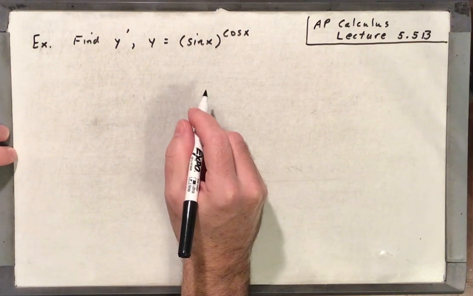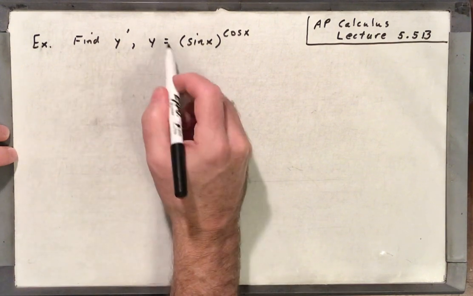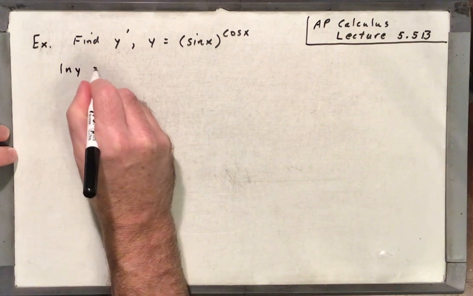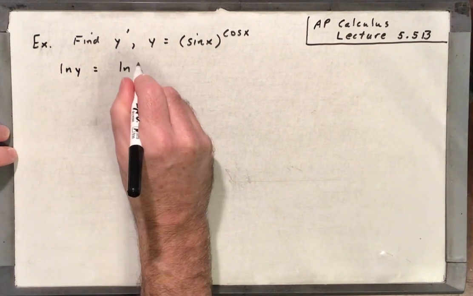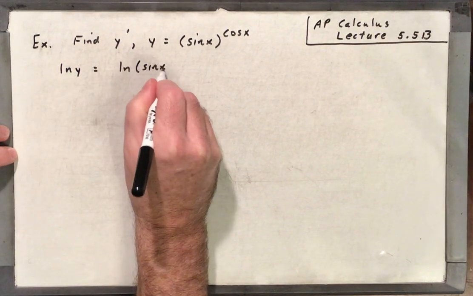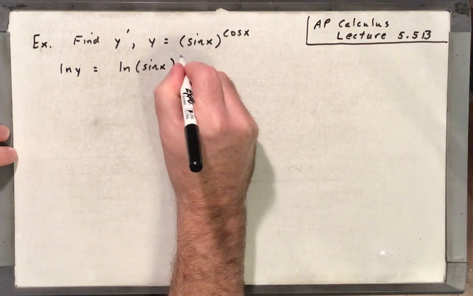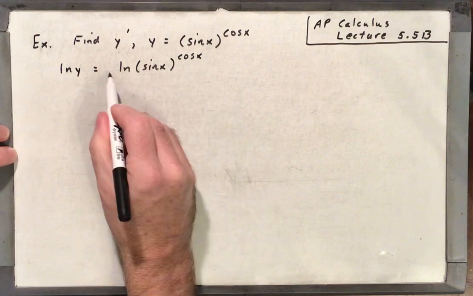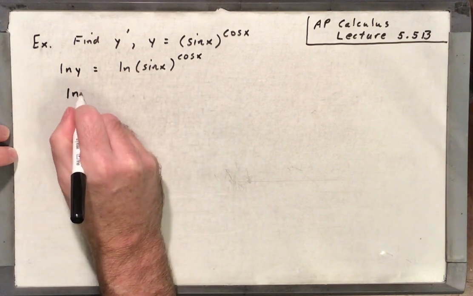All right. So first of all, let's take the natural log of both sides. We'd have the natural log of y is equal to the natural log of sine x to the cosine x. Let's bring that cosine x down front using properties of logarithms.